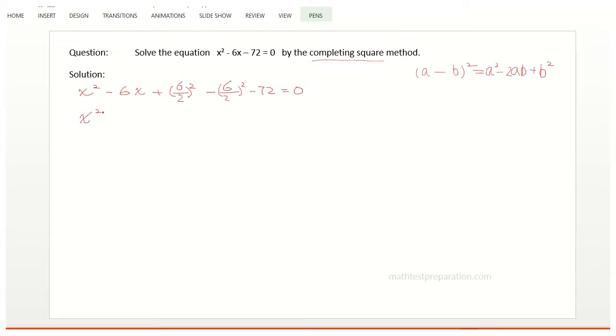x² - 6x + 6 divided by 2 is 3, 3², minus 6 divided by 2 is 3, 3² is 9, minus 72 equals 0.